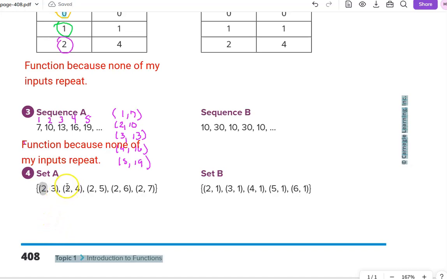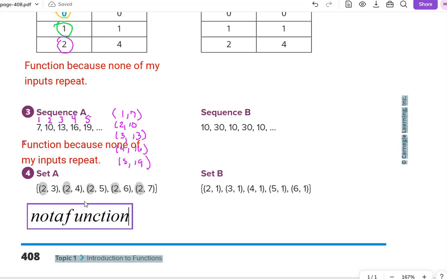So 2, 2, 2, 2, 2. They're all gray because they're the same number. Because my input repeats, this one is not a function. So not a function because, I don't know what is going on with my writing. Oh, it's under equation. Okay, I hit the wrong one.